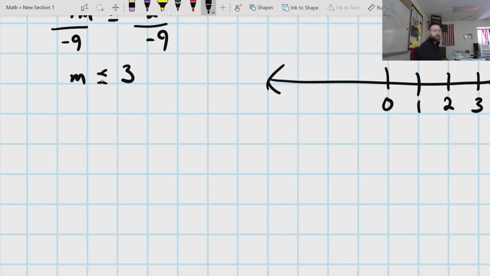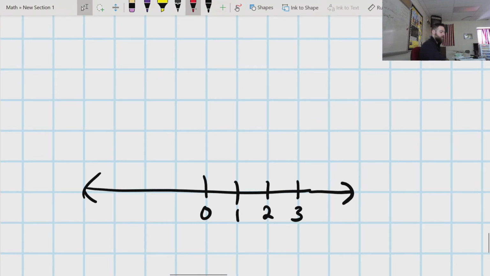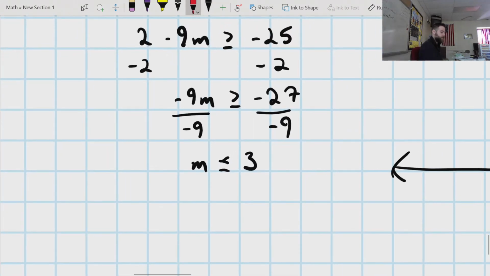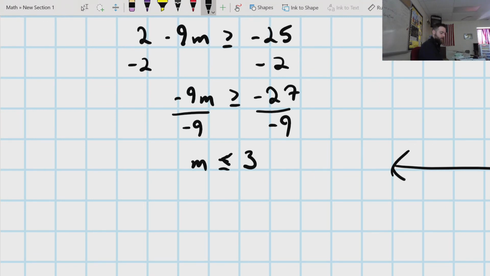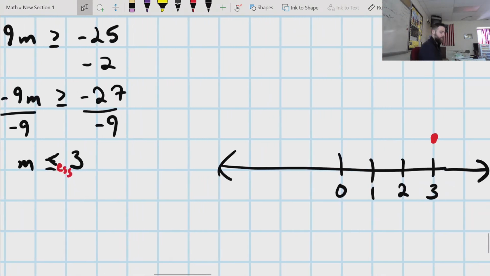So that little bar tells me that it's going to be solid. And then if you take a look, the operator itself, I can make an L out of. So m is less than 3. So I'm going to draw towards numbers that are less than 3. So the numbers that are less than 3 are that direction.